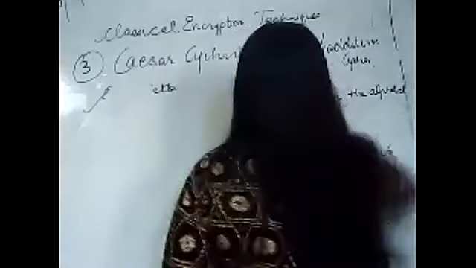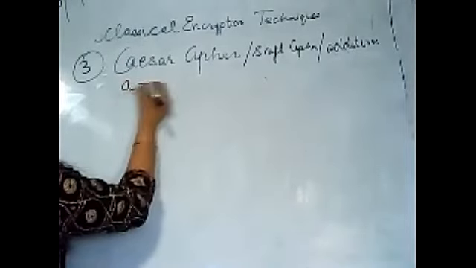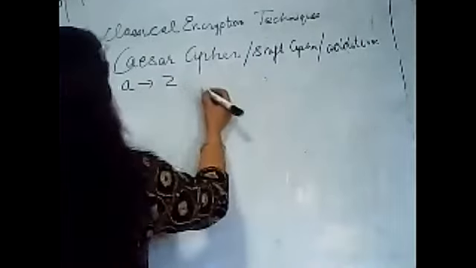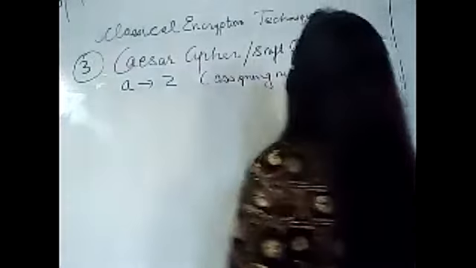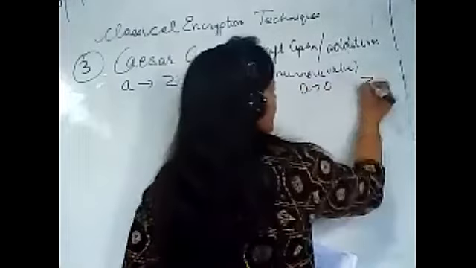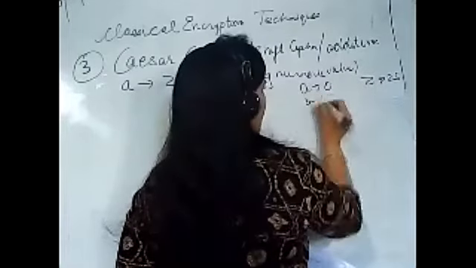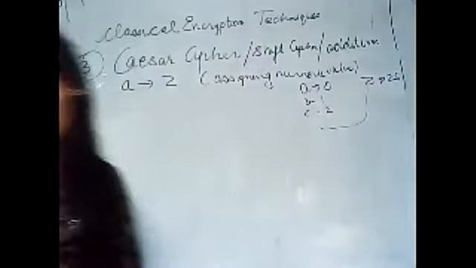Okay, now let's take one example. So from A to Z, we will represent the letters as numeric values. In total we have 26 characters, but we will start from A as 0 and Z will be represented as 25. So A is 0, B is 1, C is 2, and so on till Z equal to 25.